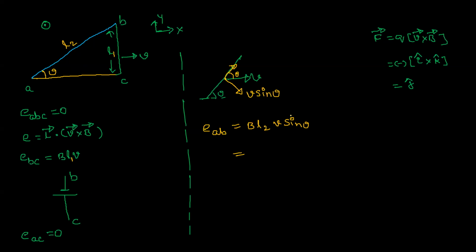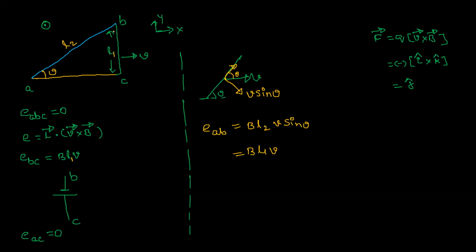If you take in the place of sin theta, L1 by L2, L2 gets cancelled. It will be B L1 V. That means EAB is equal to EBC, right? Next, focus which end is at high potential. Is it A or B?